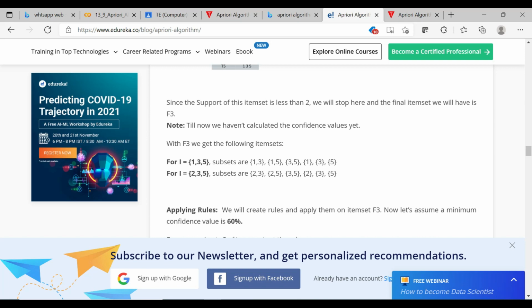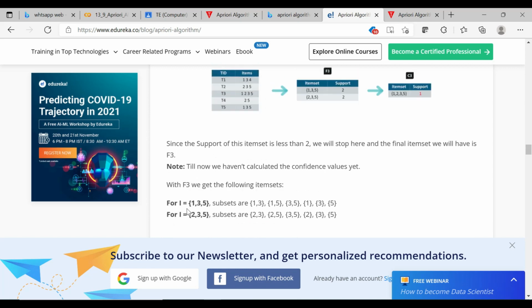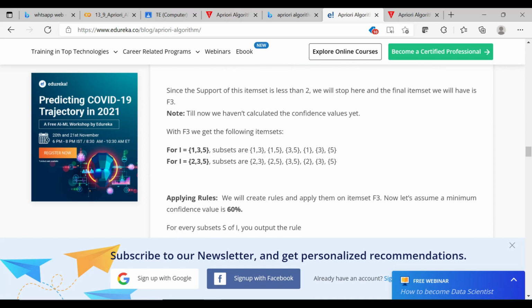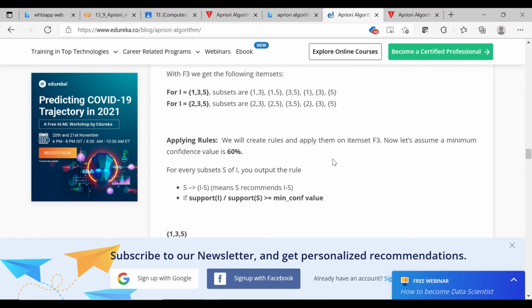With F3, we get the following item sets: for I equal to 1 3 5, the subsets are 1 3, 1 5, 3 5, 1, 3 and 5, and for I equal to 2 3 5, the subsets are 2 3, 2 5, 3 5, 2, 3 and 5.